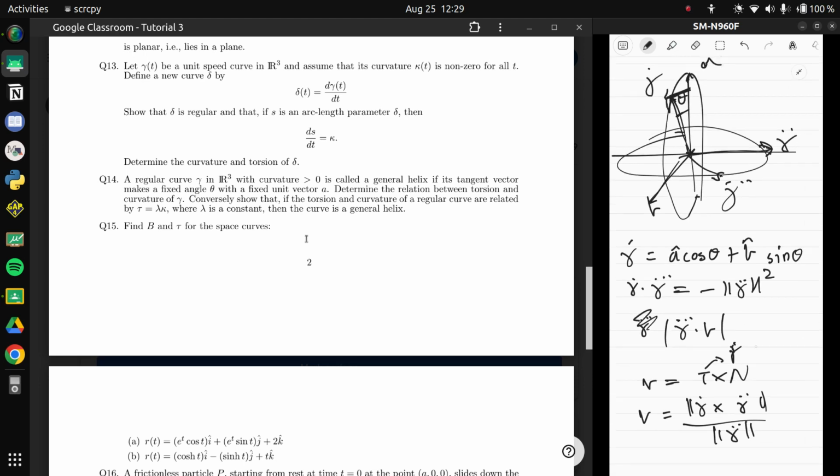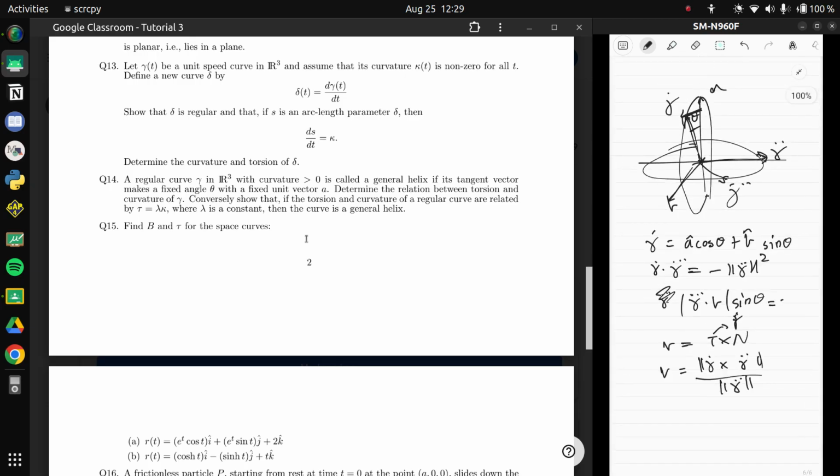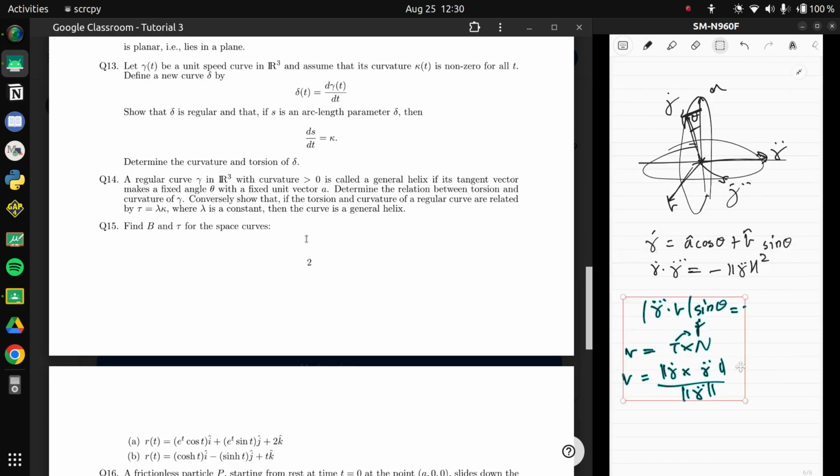But yeah, so taking a dot product, what you get is this sine theta, that is equal to negative of gamma double dot square. Hey, that's actually very nice, because then you can substitute that inside and get the triple product, gamma dot gamma double dot gamma triple dot sine theta upon the norm of this thing, that's equal to negative squared.